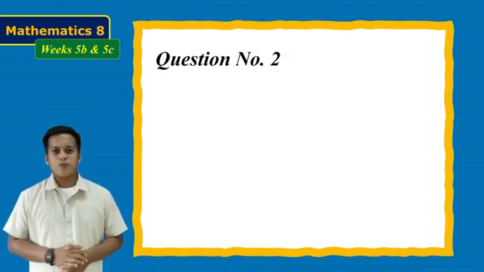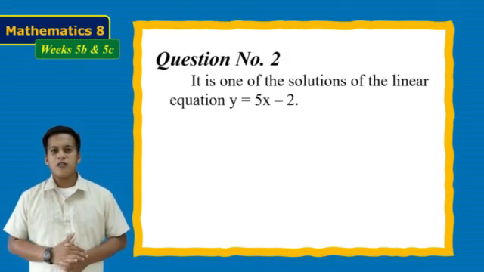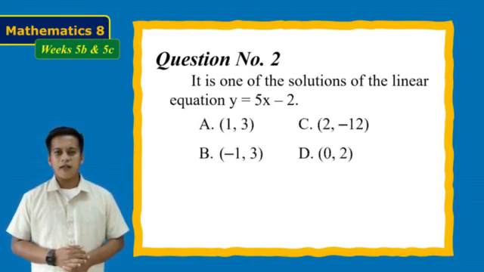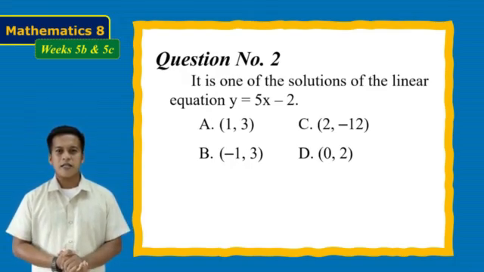In number 2, which is one of the solutions of the linear equation y is equal to 5x minus 2? Letter A, 1, 3. Letter B, negative 1, 3. Letter C, 2, negative 12. Letter D, 0.